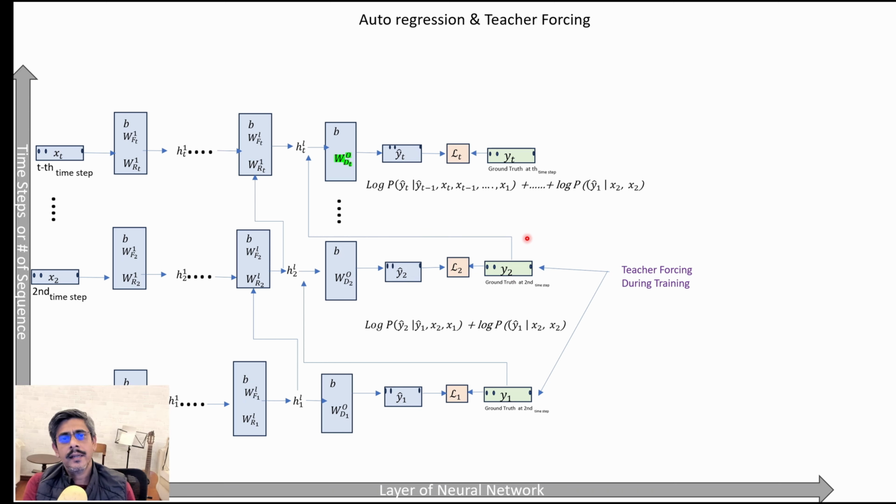Finally, we said that there is further improvement during the training time, by teacher forcing, not using the model's own output, but using the label to teach the current time step what the previous output was and how it should predict.